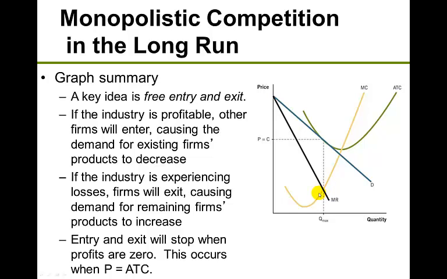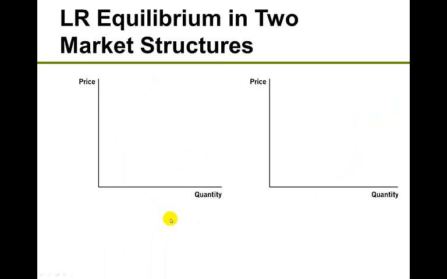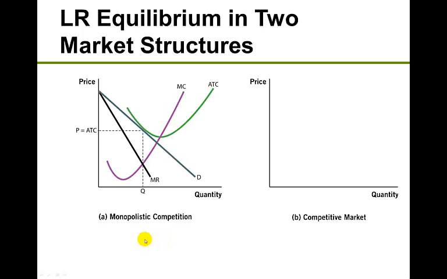So remember I said that the firm is not producing at its minimum possible average total cost. You can see that here. If this were perfect competition, my firm would be producing out here. So we can compare these two market structures in the long run: monopolistic competition and a perfectly competitive market. So here's my monopolistically competitive market in the long run.